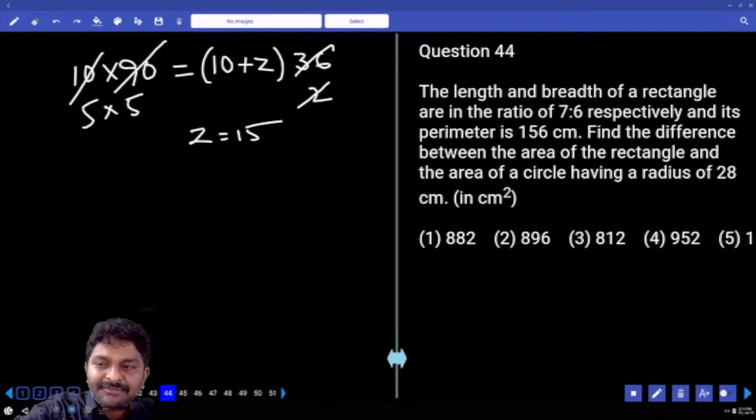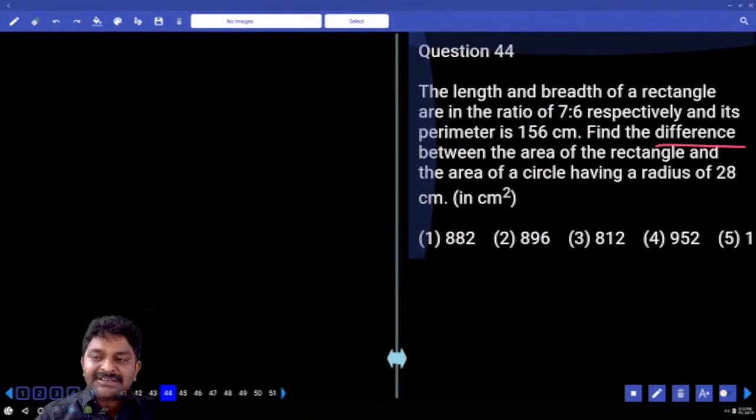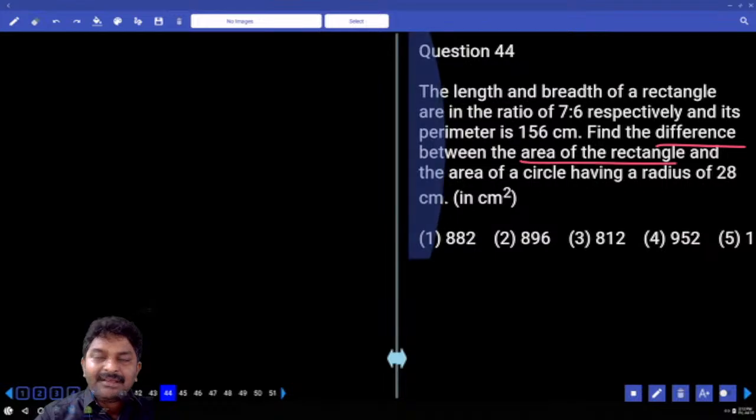The length and breadth of the rectangle are in the ratio 7:6 respectively, and its perimeter is 156 centimeters. Find the difference between the area of the rectangle and the area of the circle having a radius of 28 centimeters. Okay. Now the question is about the difference between rectangle area and circle area.